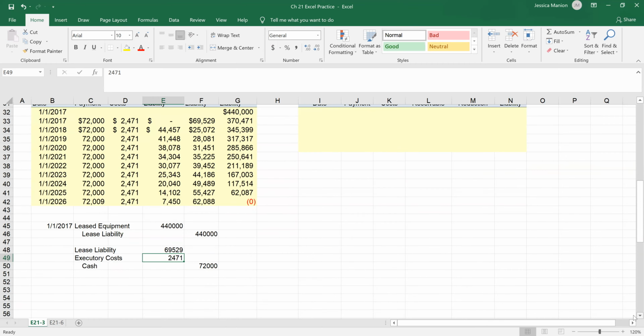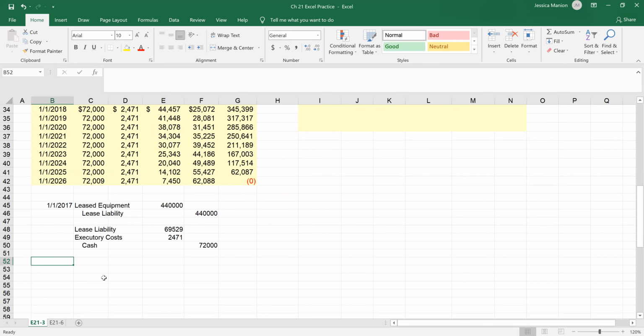And so now we get to the end of 2017, December 31, 2017. We have to not only record the interest incurred that year, but we also have to record depreciation, right? So the interest incurred that year is this 44,457.